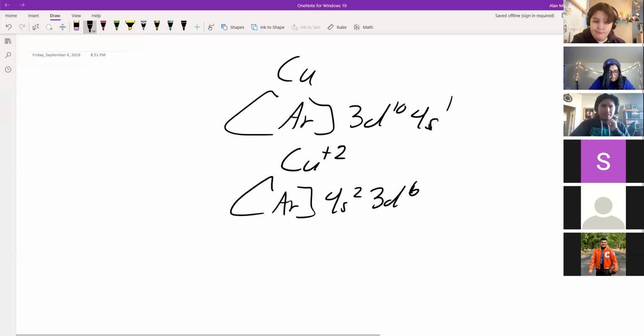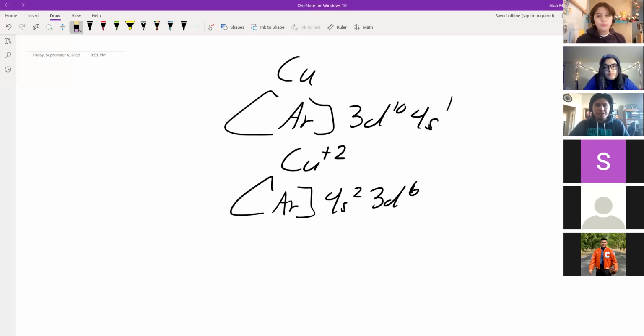So here, I believe you did get a problem like this in your workbook, where it is trying to be as stable as possible. It does want to reach that full stability, because technically you could have empty orbitals. It'll pull the electrons from the 4s, because it can be full, half, or even empty.